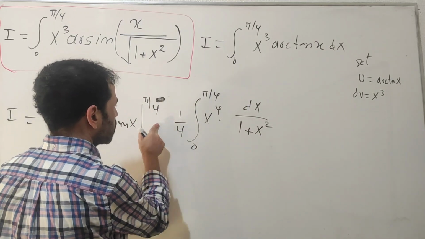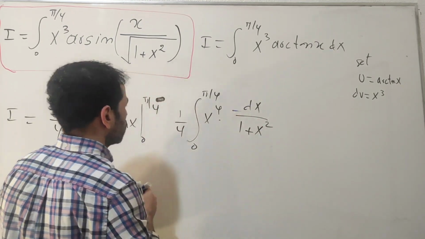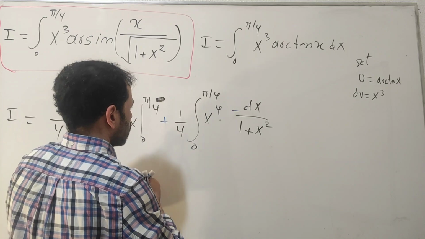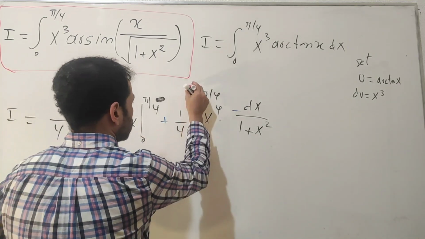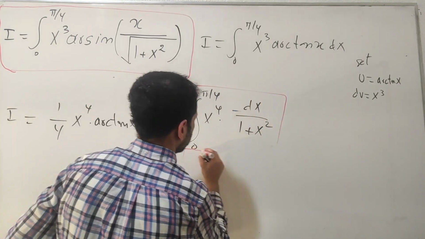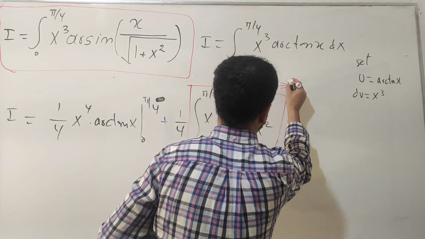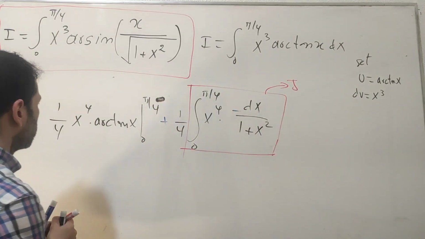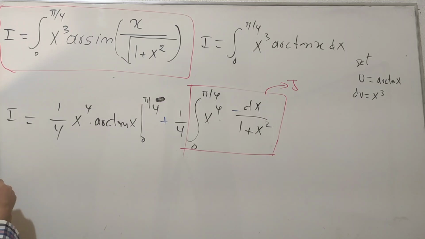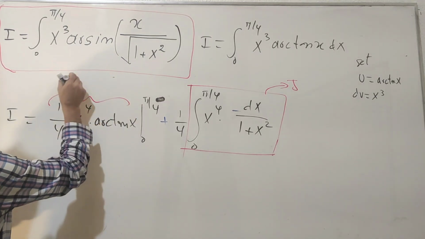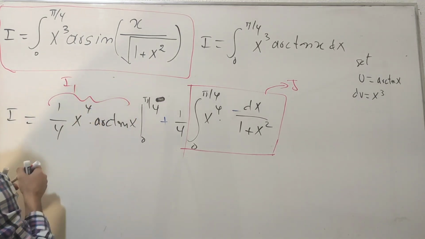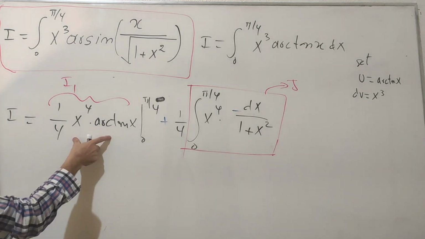Let's push this minus sign inside. Then take this integral separately and evaluate it first. Let's call it the J integral, and let's call this one the I1 integral. Let's calculate this one first.